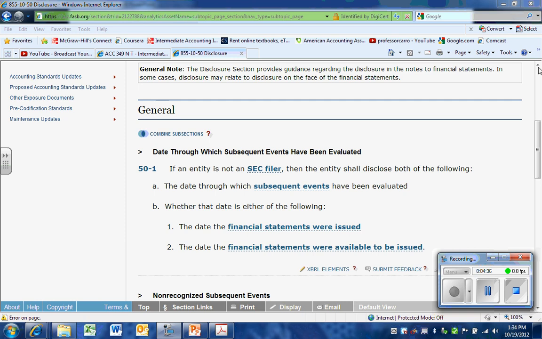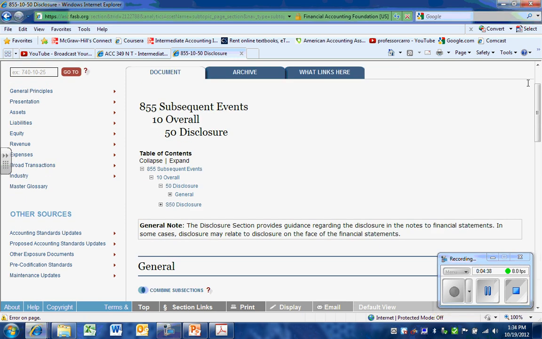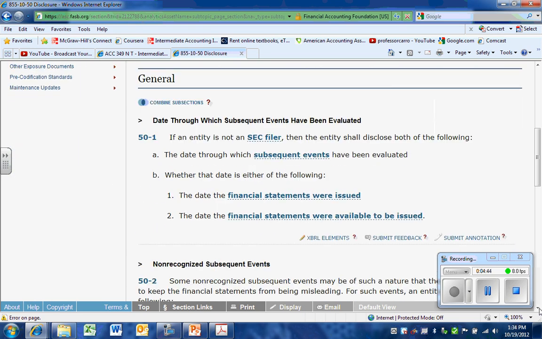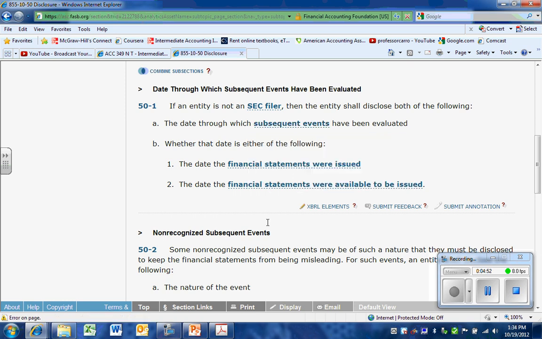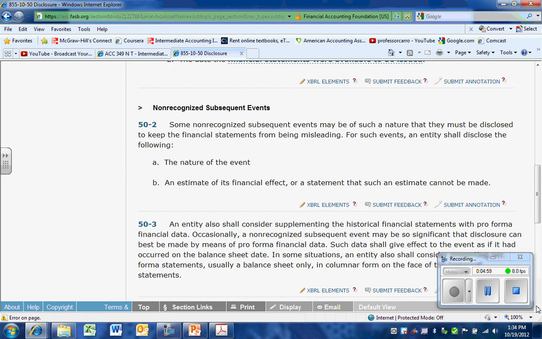Subsequent events are covered under topic 855 of the code, and on the overall subsection, we can get ourselves a definition of subsequent events, and they give us the two other key dates.